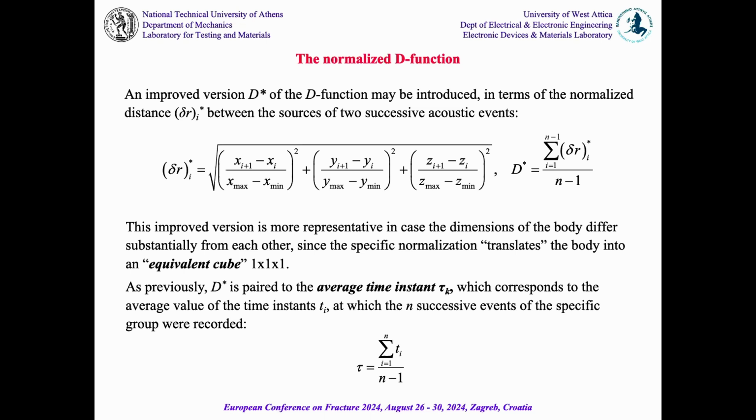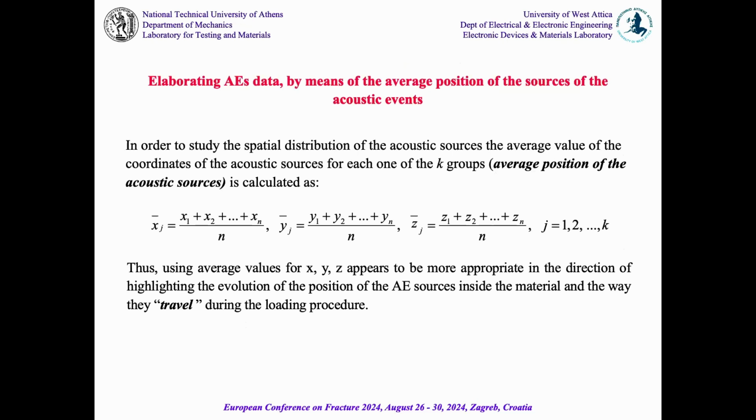We just make a division by the dimensions of the specimen. The next step is to check the accumulation of the acoustic sources by defining the position of each one and check whether this position is moving towards a specific point, and if this position approaches existing geometrical discontinuities.